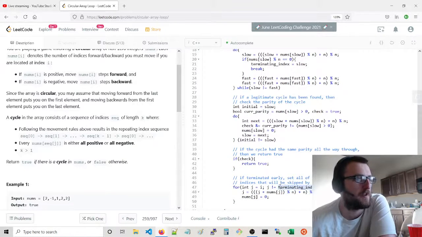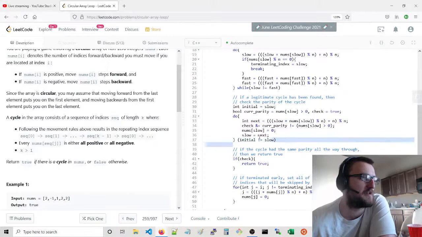So this whole part will loop forever if you don't have a terminating index. But this part won't loop forever, because that part that we got to over there will be set to 0. This cycle should be set to 0. And so this will be false as soon as you reach that part. So we'll keep going until that. Yeah, I think this is correct.